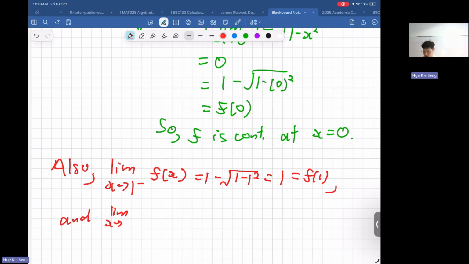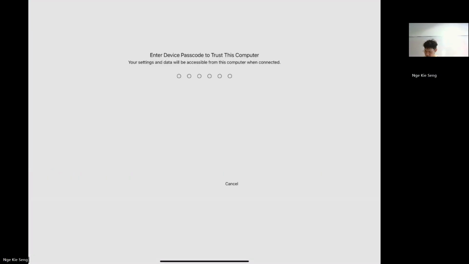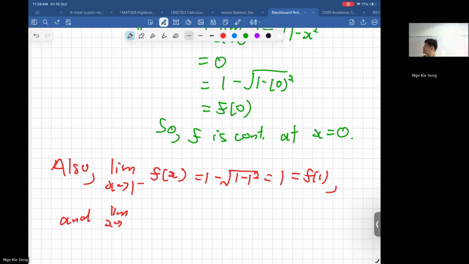So if you go from the right of -1, what you do here is you put 1 minus the square root of 1 minus (-1) squared.